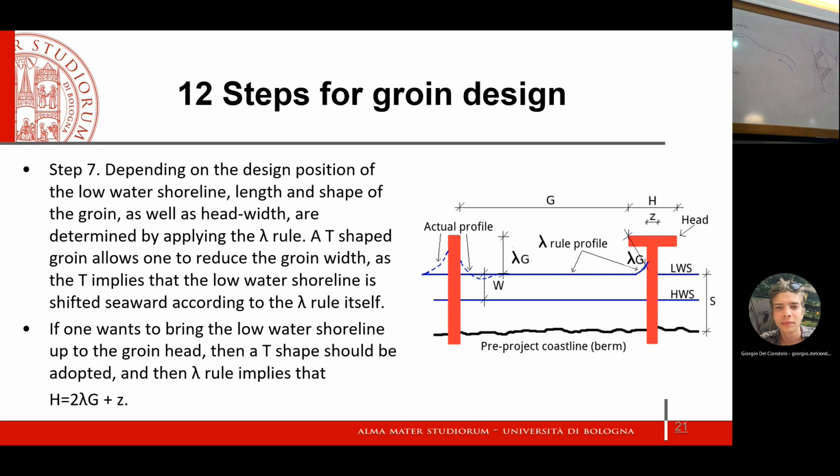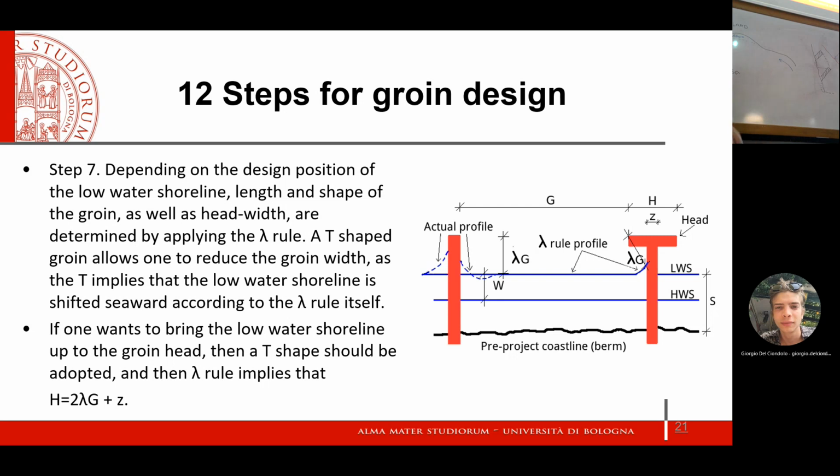Now, depending on the position of the low water shoreline, step 7, we are still in step 7. Length and shape of the groin, as well as the H value, the width of the head, can be determined by making a computation which is based on the application of the lambda rule.